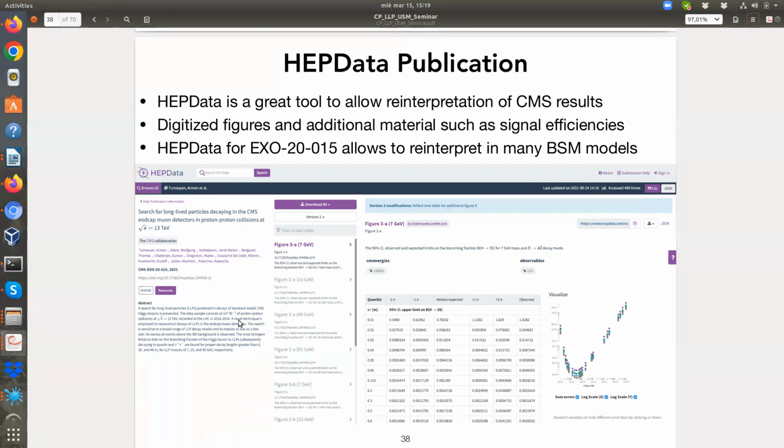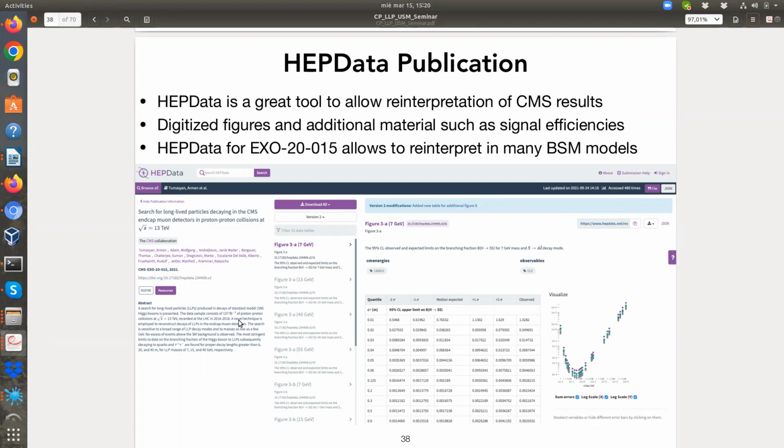So we work with a few theorists, we provided help and input, and there are 2 papers being published or already published using this data that we provided and interpreting it in a wide variety of models.